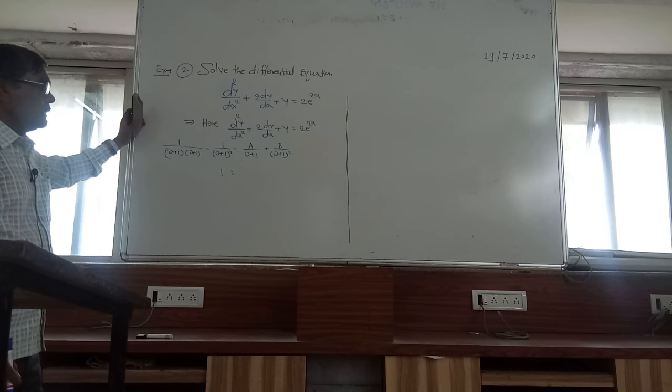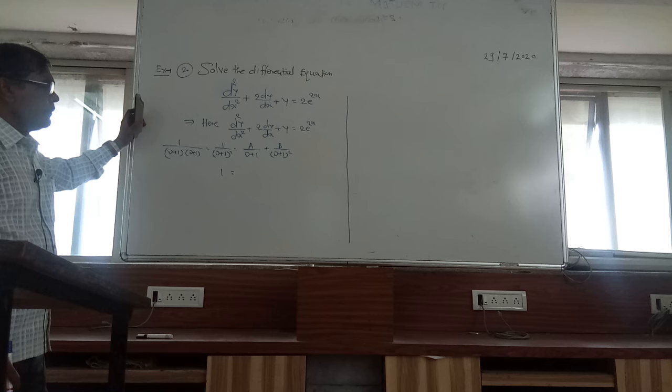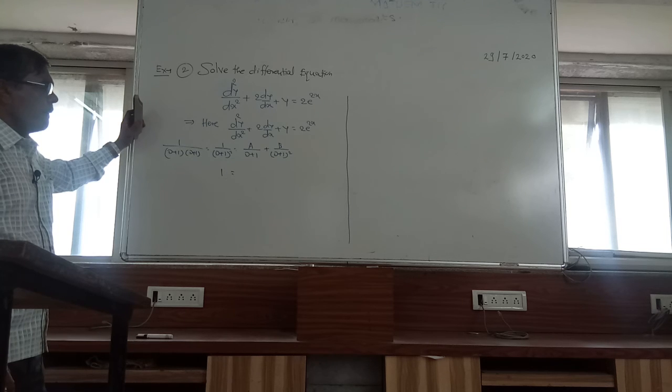Comparing on both sides, a is 0, and a plus b equals 1, so b is equal to 1, b equal to 1, a is equal to 0.